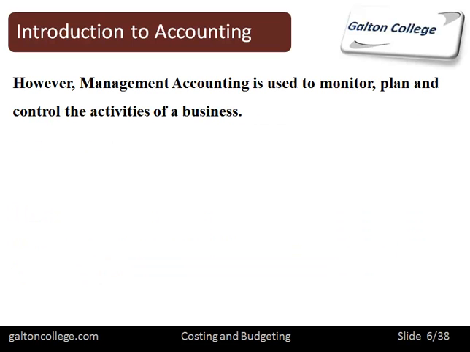However, management accounting is used to monitor, plan and control the activities of a business. Now we'll come on to this later on, but just to preempt it to some extent, there are two types of accountancy. There's management accountancy, which is within the business. It's looking at the costs and the processes within the business.